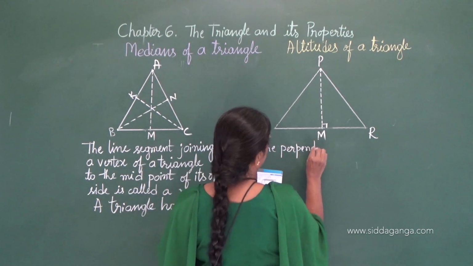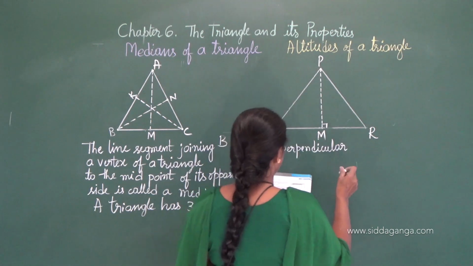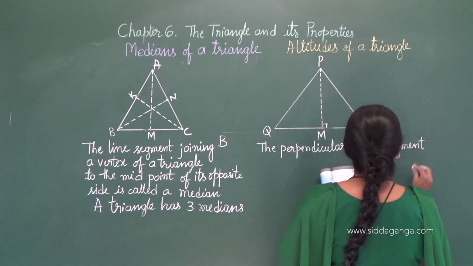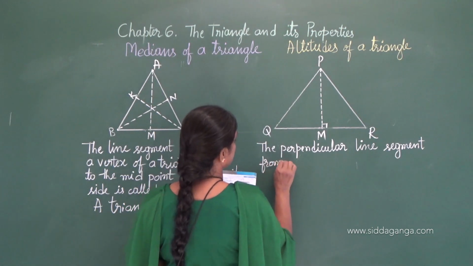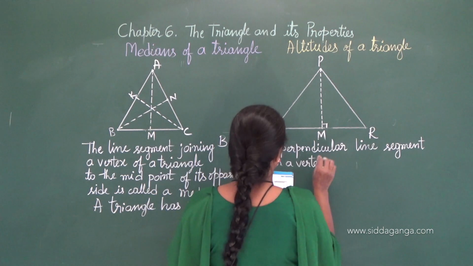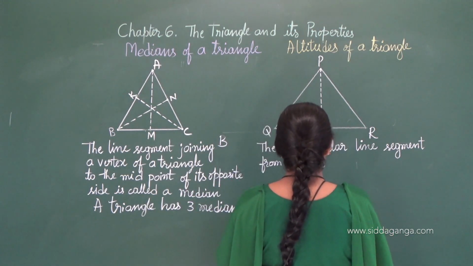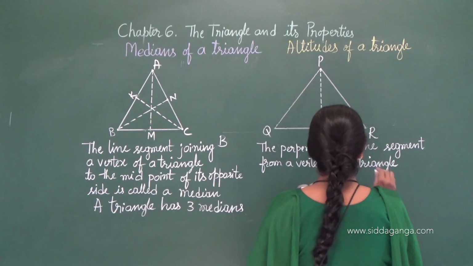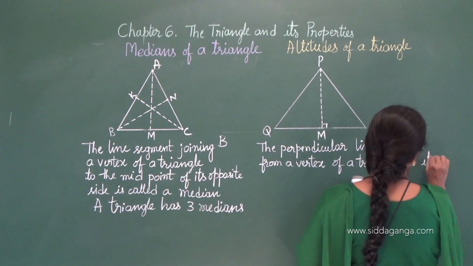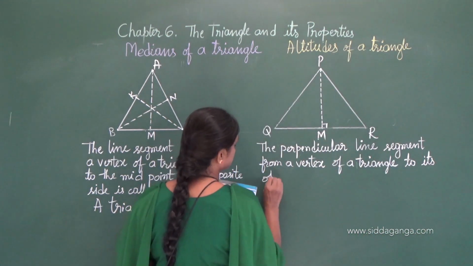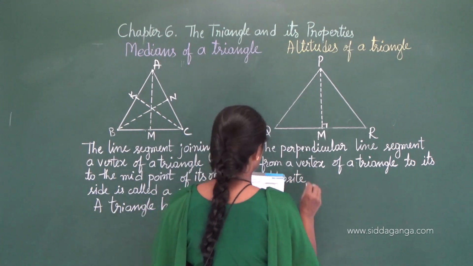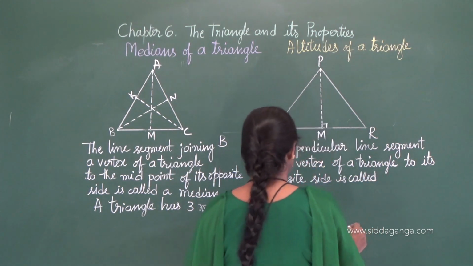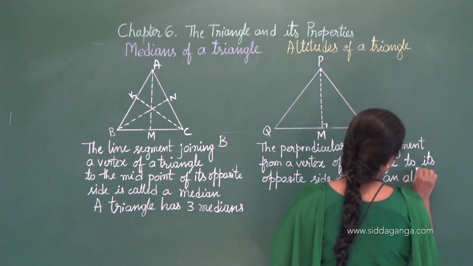The perpendicular line segment from a vertex of a triangle to its opposite side is called an altitude.